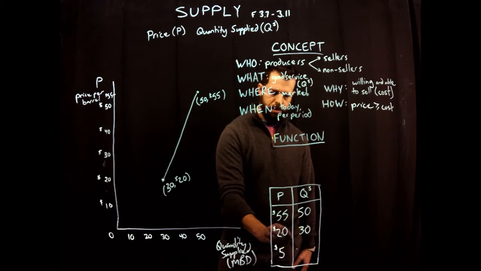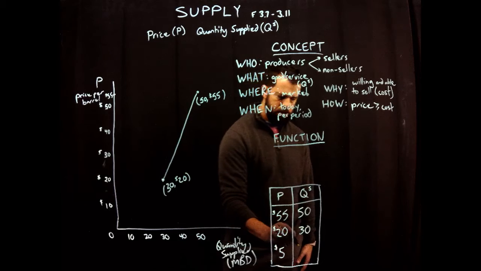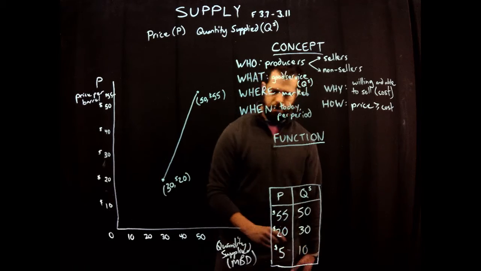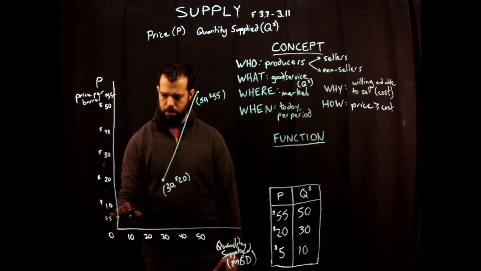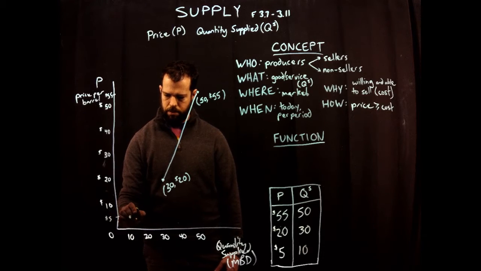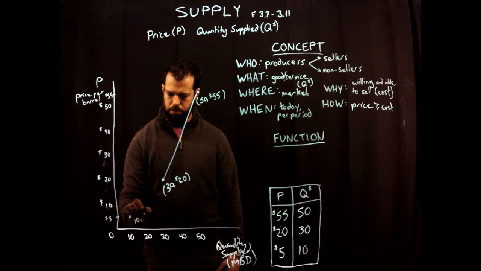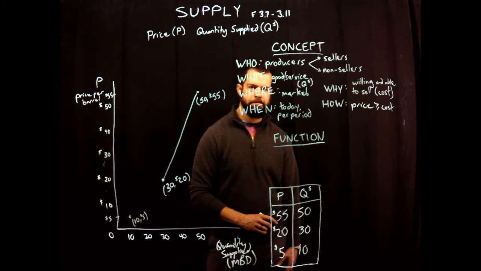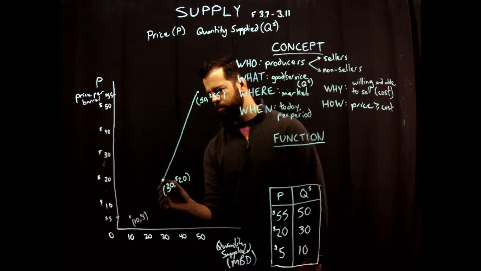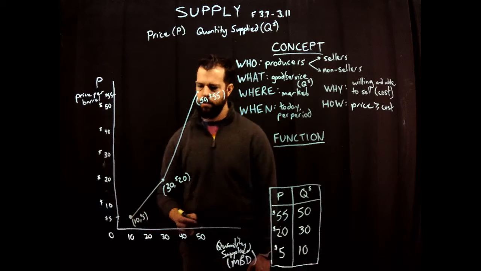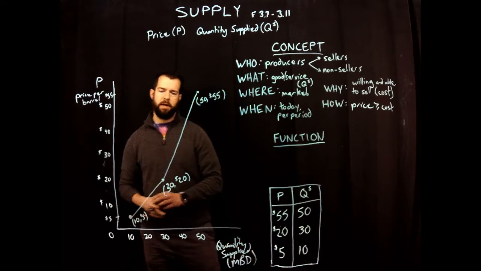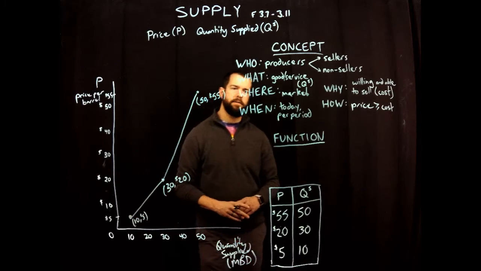At $5 per barrel, firms were willing and able to produce 10 million barrels of oil per day. So we'll do 5 and 10. So 10 million barrels are produced when the price is $5 per barrel. There's our supply curve mapped out.